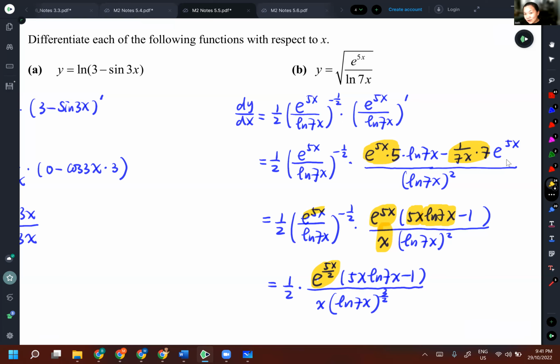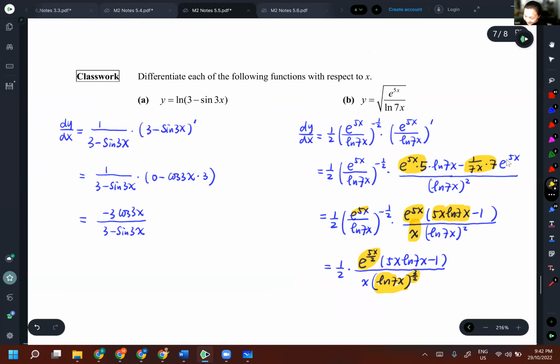And then I put them together. This is one factor. Another factor, right? And then for this one also, I have log 7x squared. I also have log 7x to the power negative 1. And then I put them together. And that's the final answer.